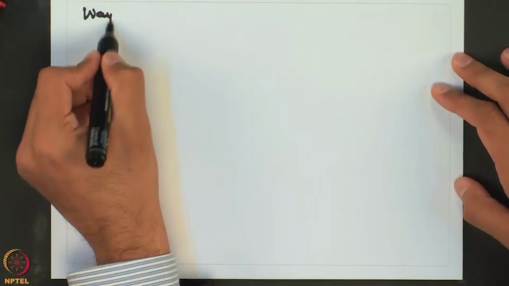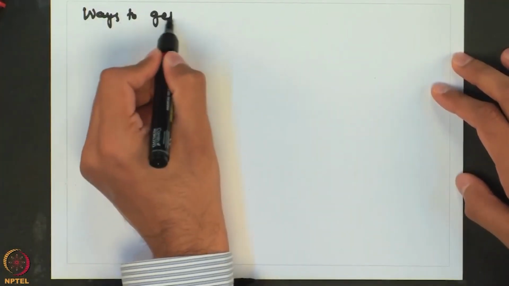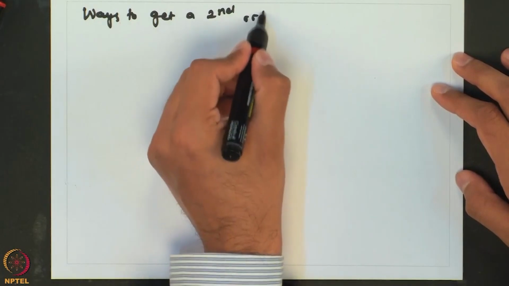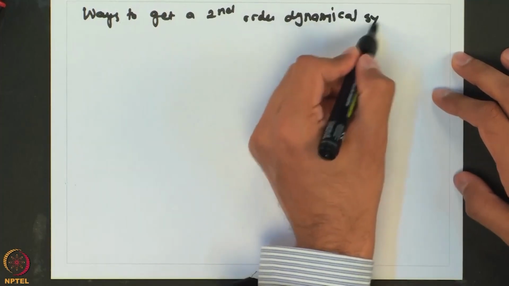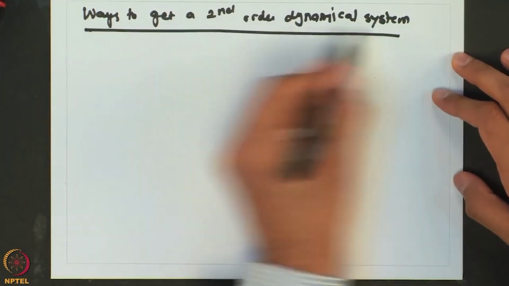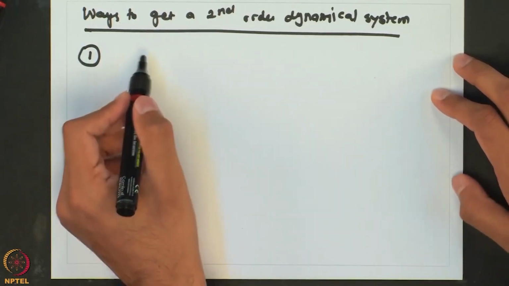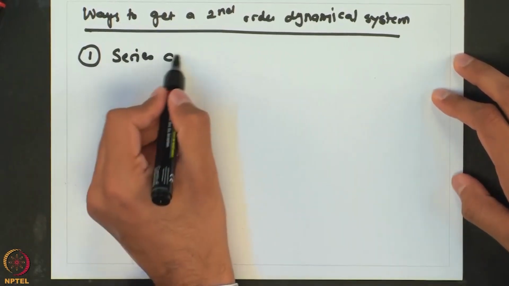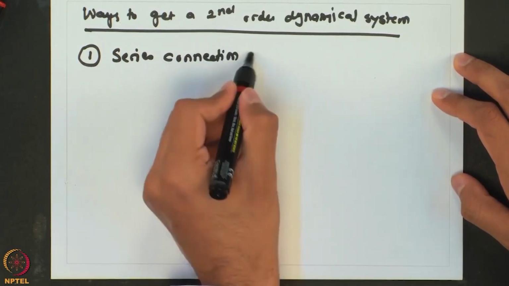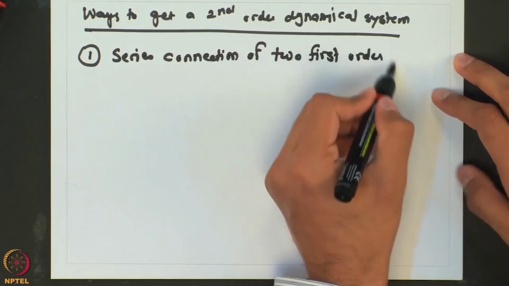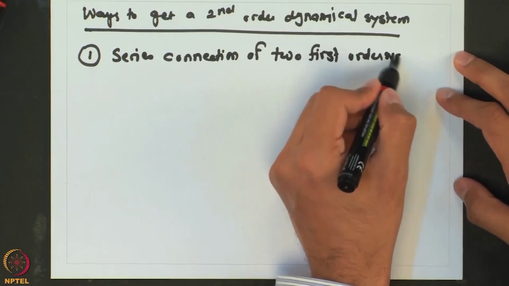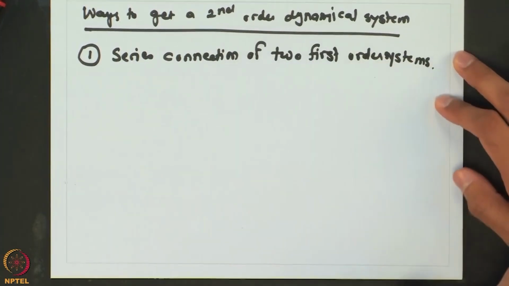So, the first way to get a second order dynamical system is a series connection of two first order processes or systems.